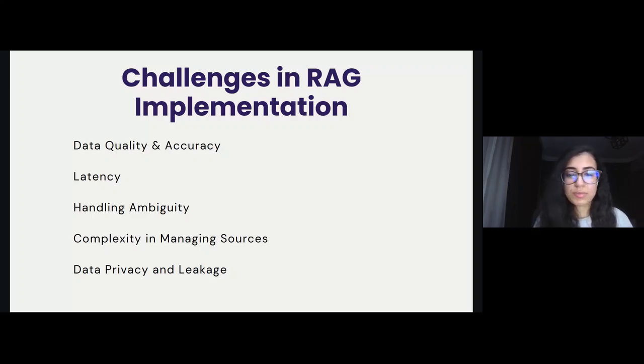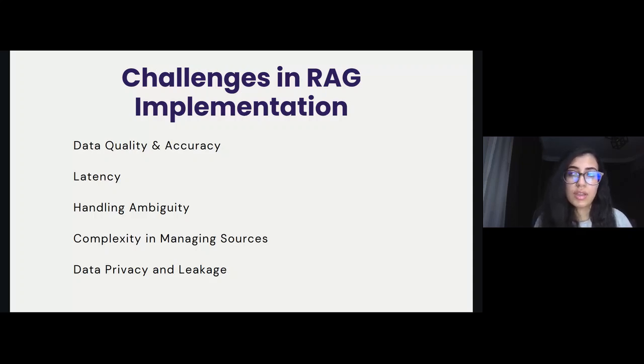Additionally, sometimes RAG systems can face latency issues, because components such as the retrieval and generation steps could add to the processing time. Handling ambiguity in retrieved content is another issue.